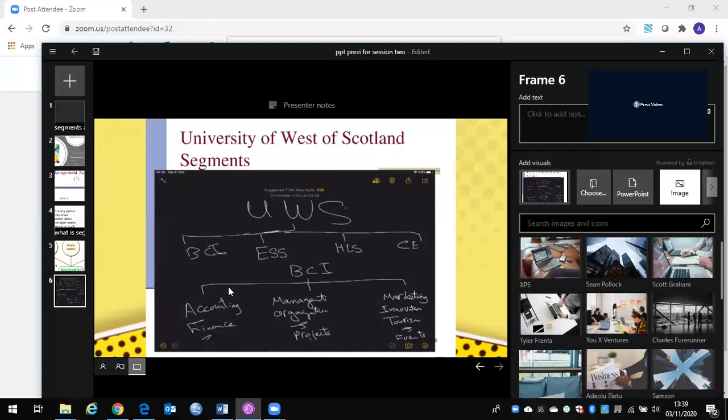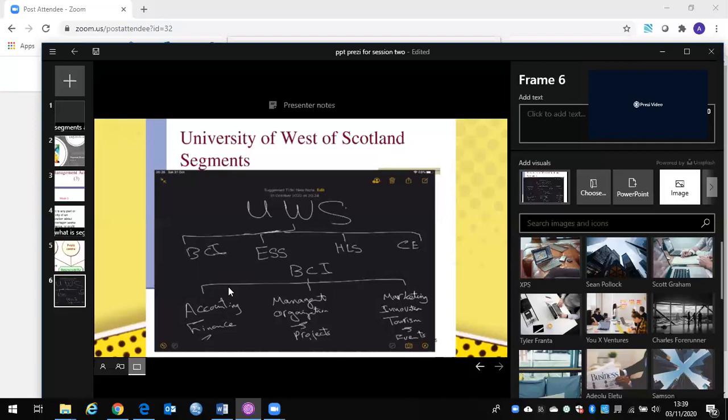So for example, just assume that there is a budget for each school, and some of this budget will go to accounting and finance, some to management organization projects, and some to marketing and innovation. So there will be some money spent for each division.